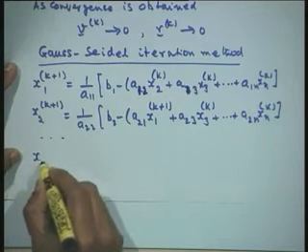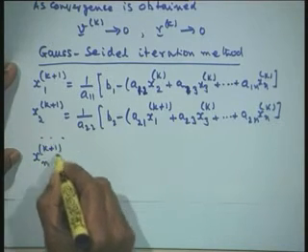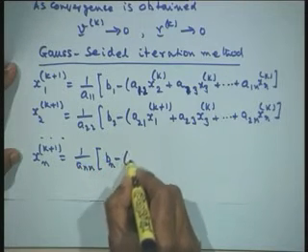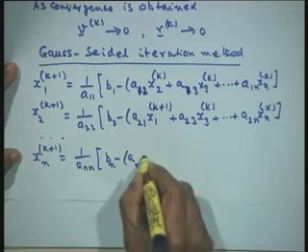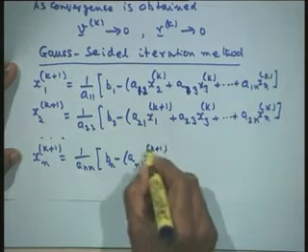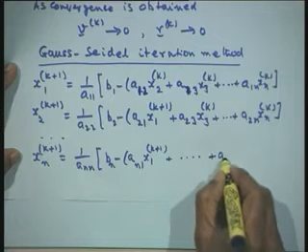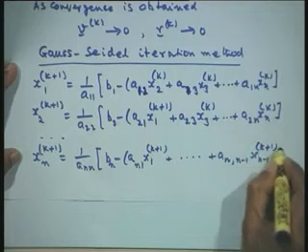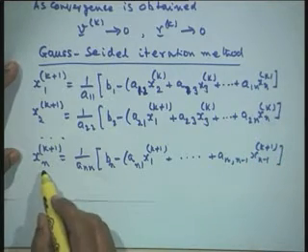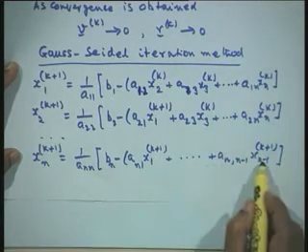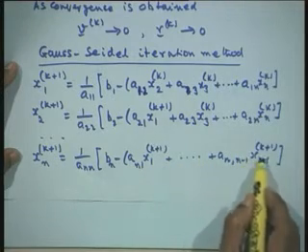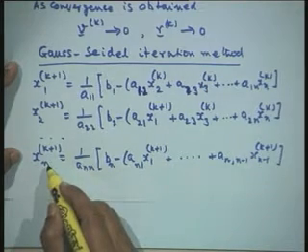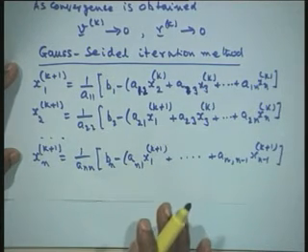Like that, finally, x n k plus 1 will be 1 upon a n n times b n, and now all the previous values have been computed, so I will have all of them from the previous x n minus 1 of k plus 1. When we have reached this last equation, all the previous variables' solutions have been obtained, and hence I use whatever current available values on the right hand side to produce this particular one. This is called the Gauss-Seidel iteration method.